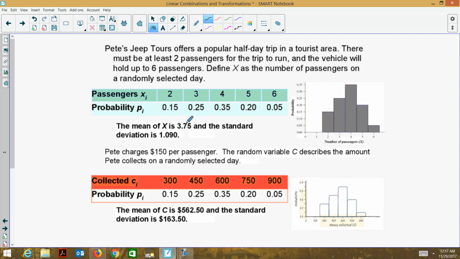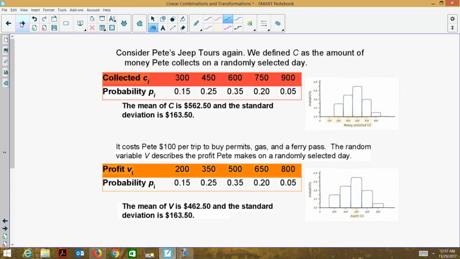So you notice that by multiplying each value by $150, it changed the mean and the standard deviation by a factor of 150. But let's keep going here.